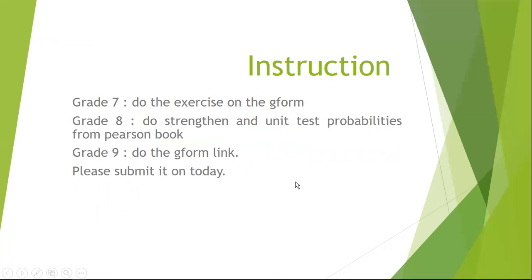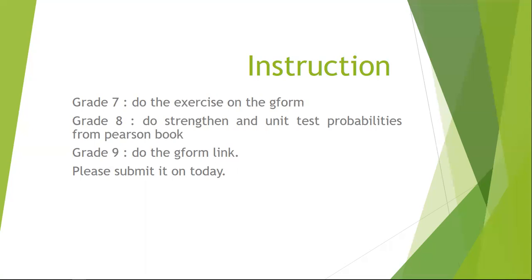So I think that's all from me for the instructions for grades 7, 8, and 9. Grade 7, please do the exercise from the Google Classroom. Grade 8, do the strengthen and unit test on probability from the book. Grade 9, do the GFORM link also. You can see all of these instructions on the Google Classroom together with the invitation.